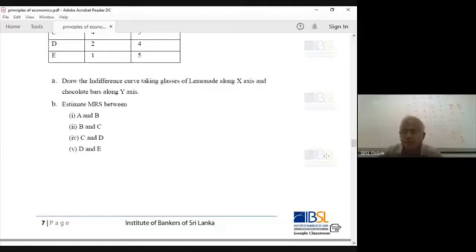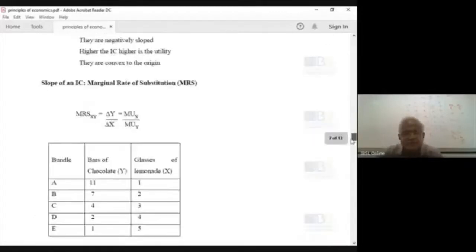Okay. Now I have given some exercise. Bundles A, B, C, D, E, bars of chocolate, glasses of lemonade. This I got from one of the textbooks. Bundle A, 11 chocolates and 1 glass of lemonade. It's a very funny combination, but people eat chocolate and drink lemonade, right? Then bundle B, 7 chocolate and 2 lemonade.